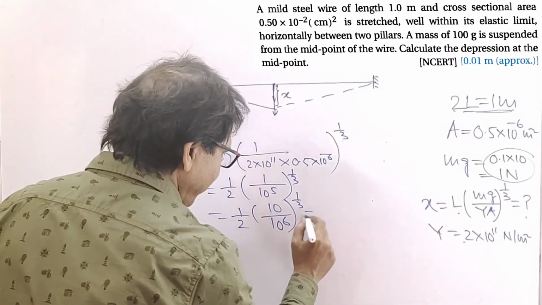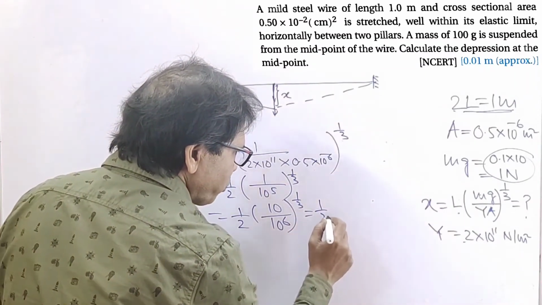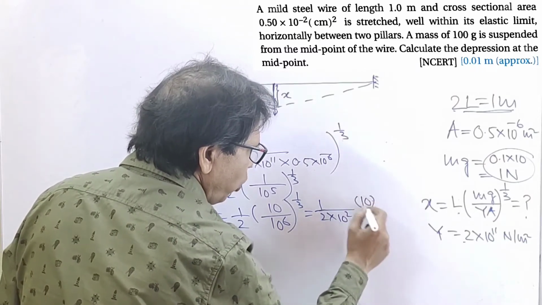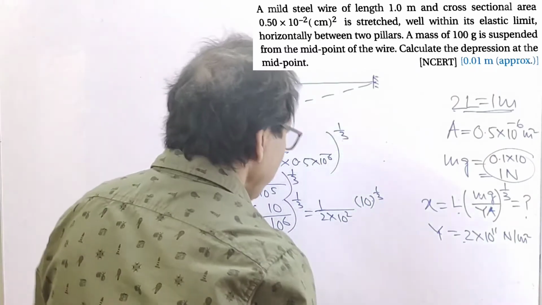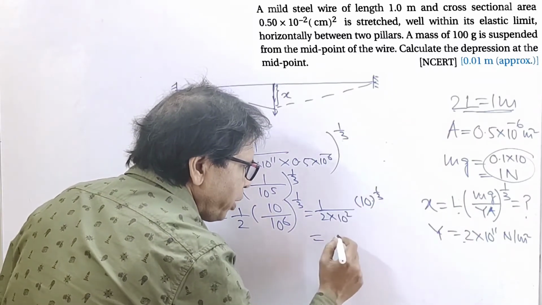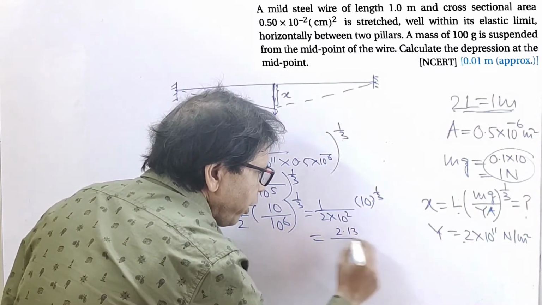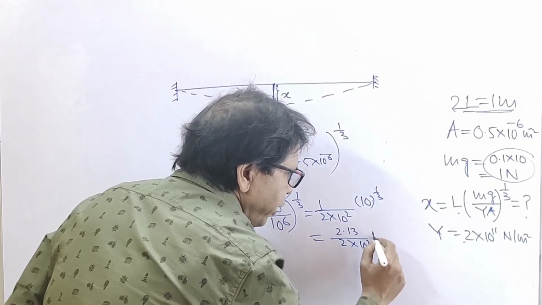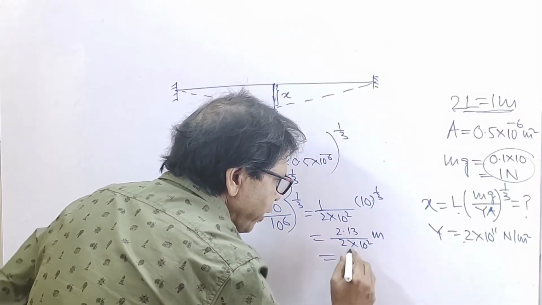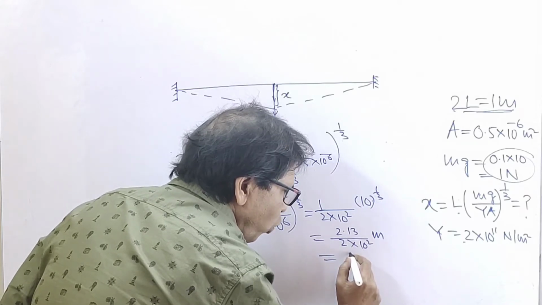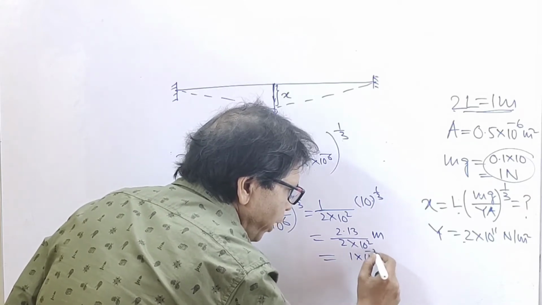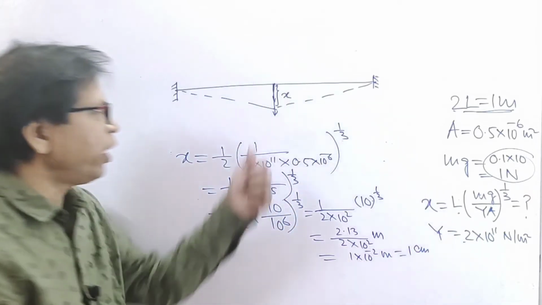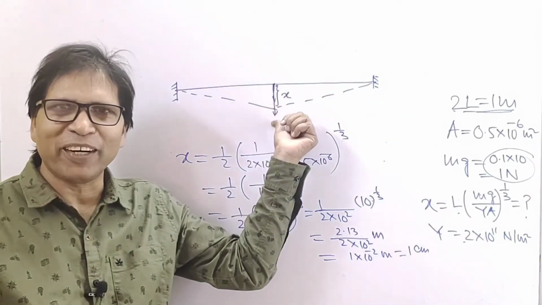Now this is half into 10 to the power 2 into 10 to the power 1/3. Now 10 to the power 1/3 means 2.13, divided by 2 into 10 to the power 2, the unit is meter. So this is almost 1 into 10 to the power minus 2 meter, that is 1 centimeter is the depression of the midpoint.